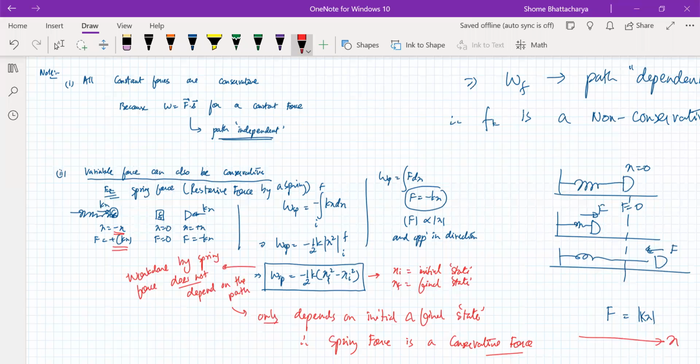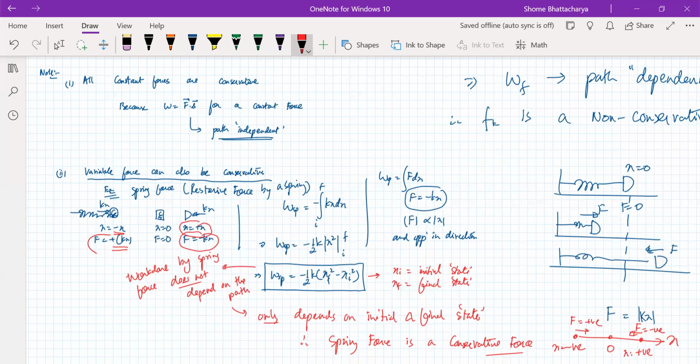This is your x-axis. If this is your origin point, then at some negative x coordinate, what is the direction of the force? It is positive. At some positive x coordinate, what is the direction of the force? It is negative. Hence the two different signs. Here the force is negative when the x coordinate is positive.